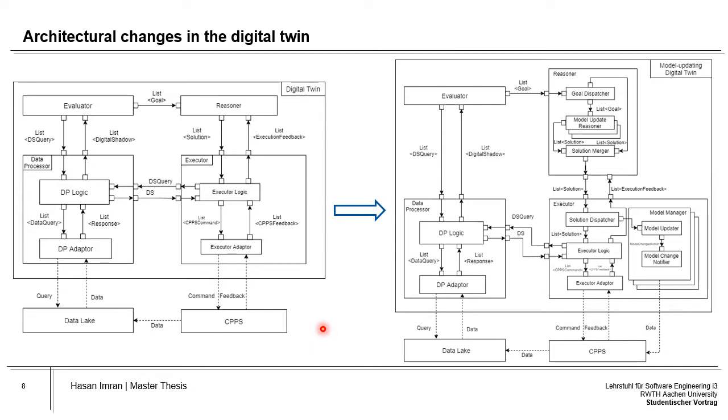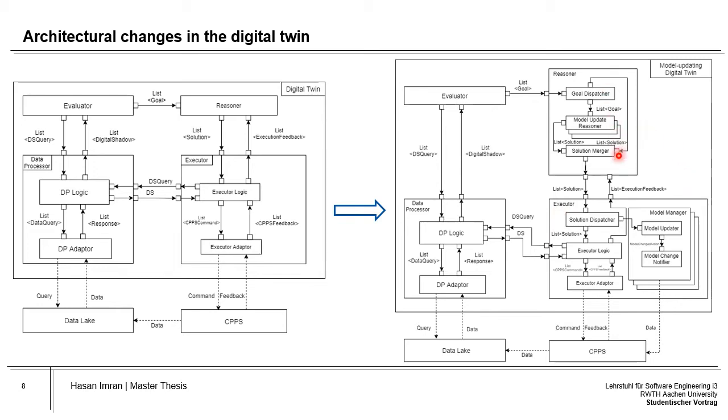So here is the diagram for the digital twin, and here is the model updating digital twin. As you can see here, we have the goal dispatcher and the solution merger, and similarly we have a solution dispatcher in the executor. And here you can see that in the reasoner you can have multiple reasoner components based on the application, and the same goes for the executor.